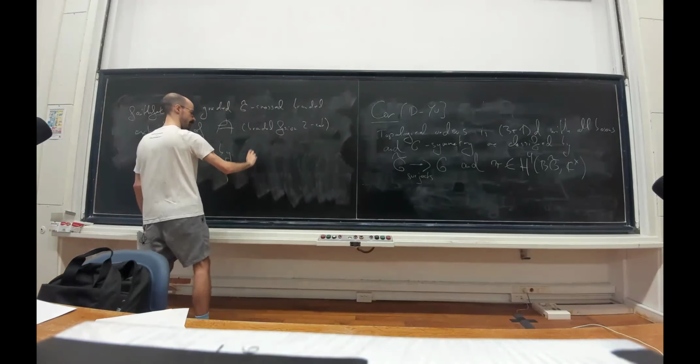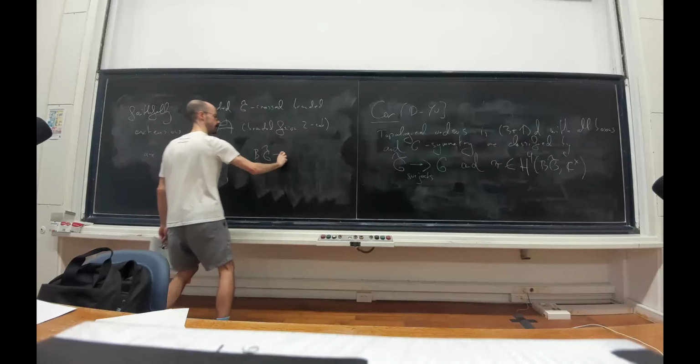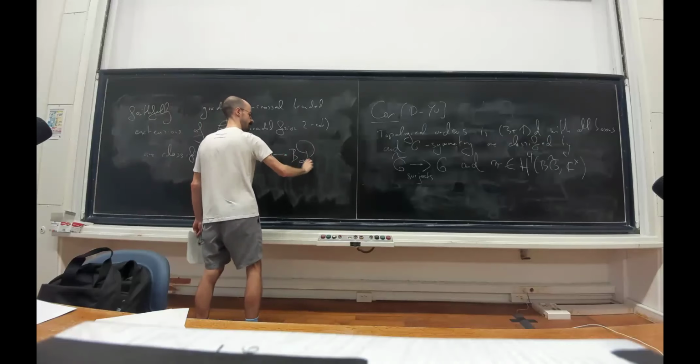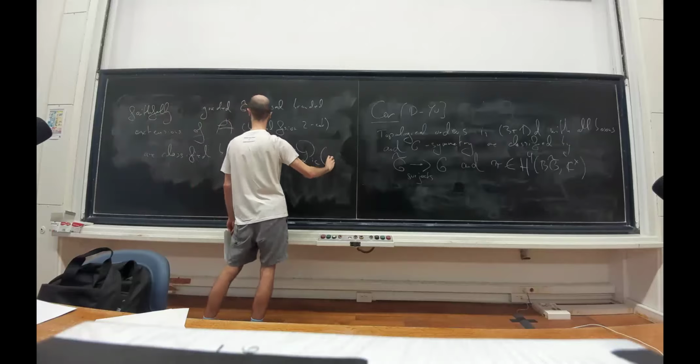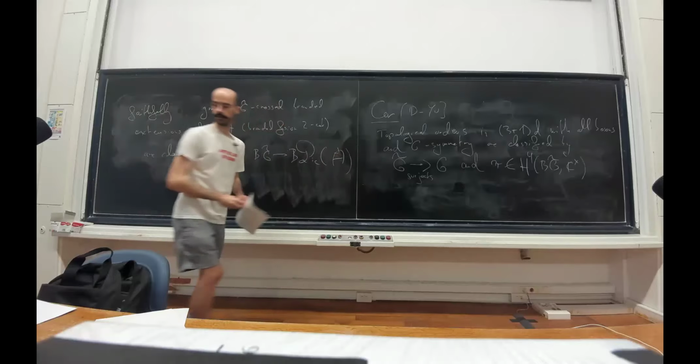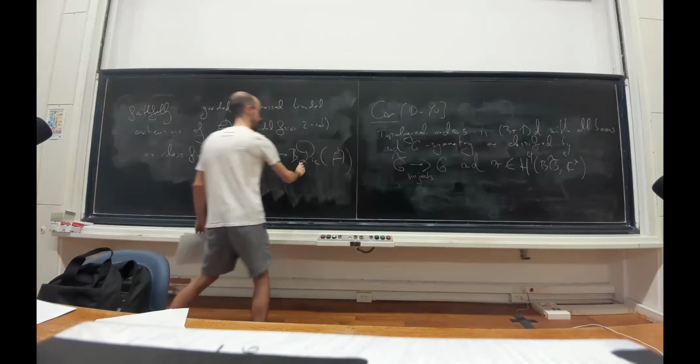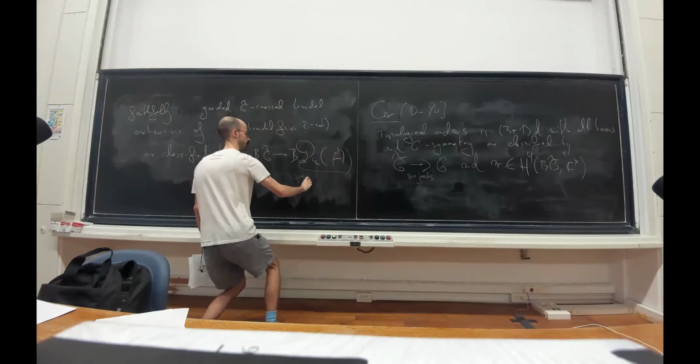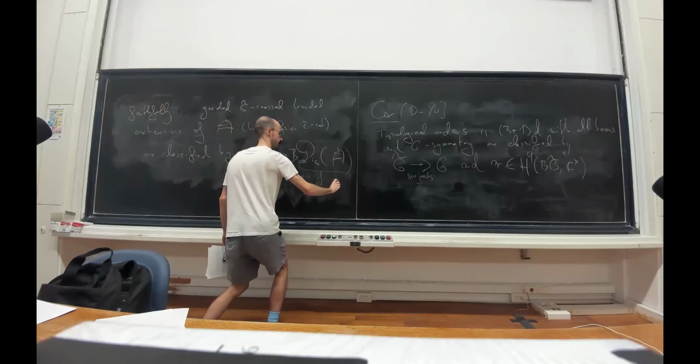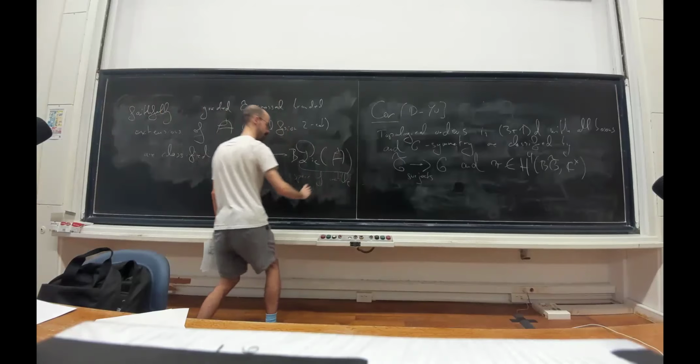So by maps from B G tilde onto B Pic(A). And this Pic(A) is the space of invertible A-modules.